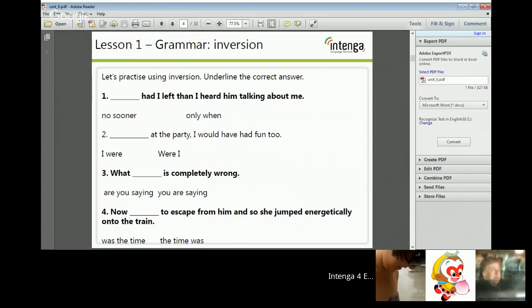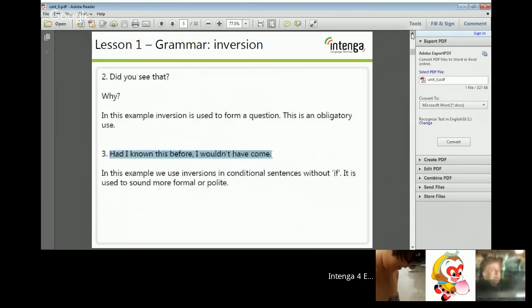Oh, you were talking about the lesson. Sorry, Chenhu. If you're talking, I can't hear you. Let me go back to this last slide. Sorry, I wasn't looking at the Hangout. Had I known this, I wouldn't have come. Yeah, you can leave out before in this sentence, so that's fine. That was a good question. Sorry, Chenhu, I didn't see that.